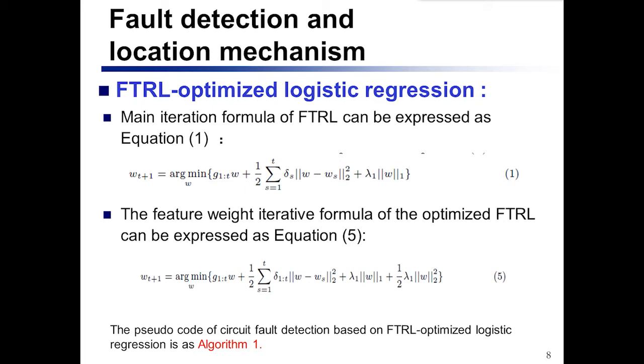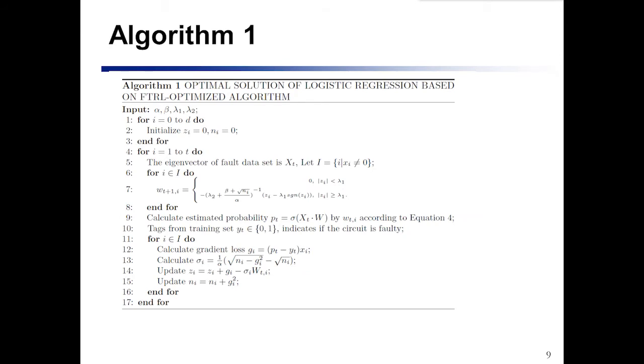The feature weight iterative formula of the optimized FTRL can be expressed as equation 5. The pseudocode of circuit fault detection based on FTRL optimized logistic regression is as algorithm 1.